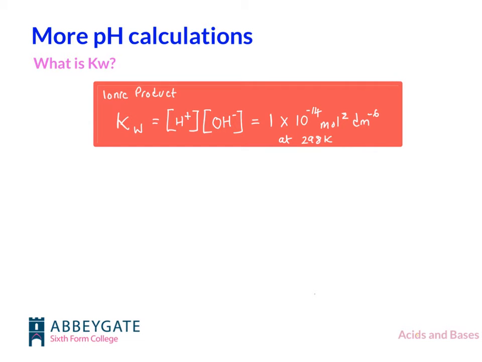So if we consider a strong base, for example, sodium hydroxide, when it's put into water, it fully dissociates, fully ionises, and turns completely into sodium ions and hydroxide ions.